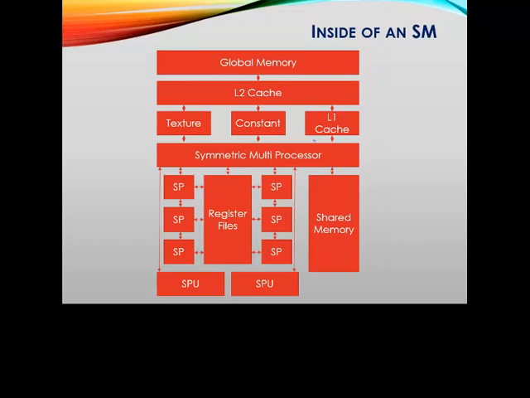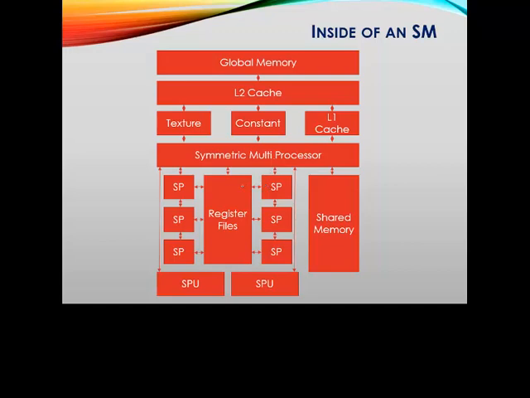And finally, when it comes to your streaming multiprocessor, if you remember from our discussion on graphics processing units, each streaming multiprocessor is broken down into a set of simpler or specialized processors.